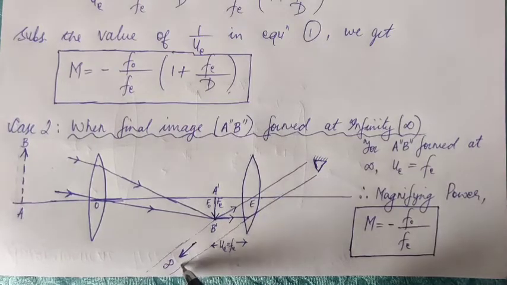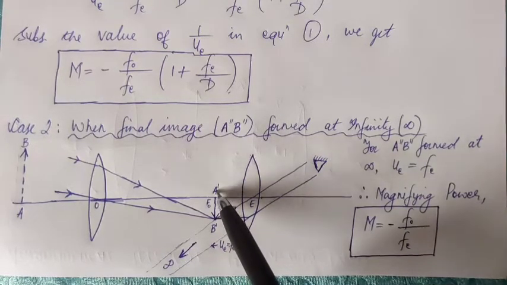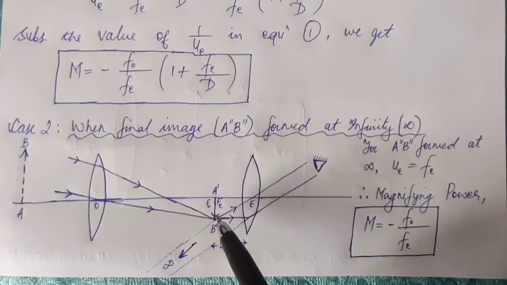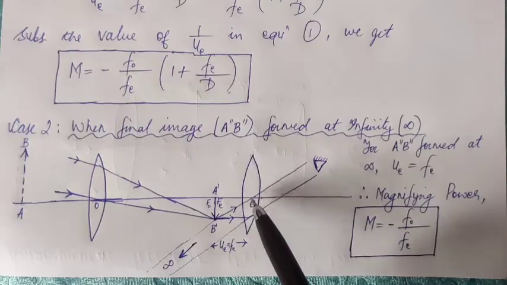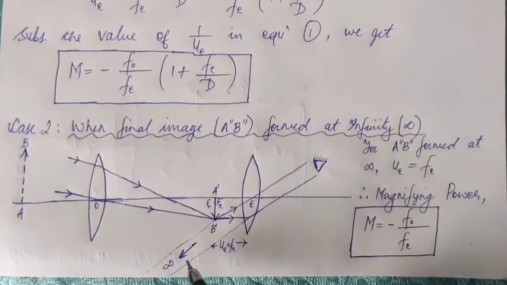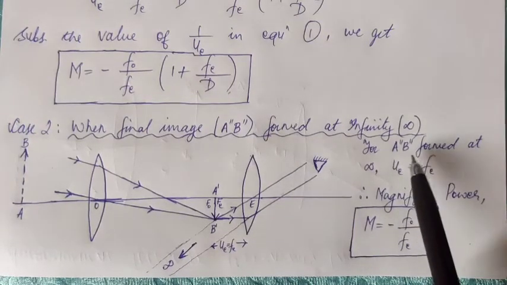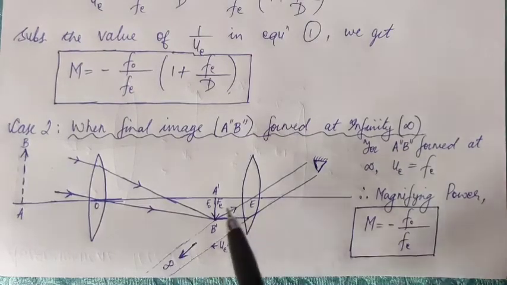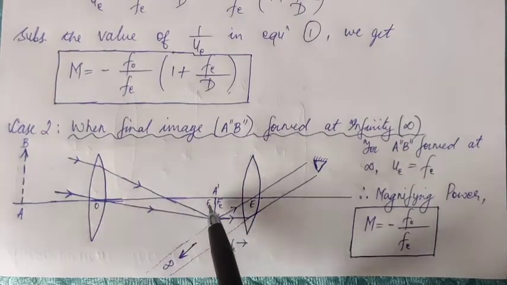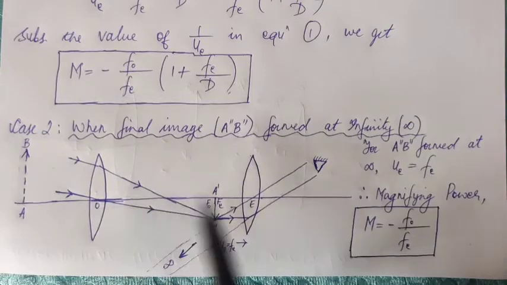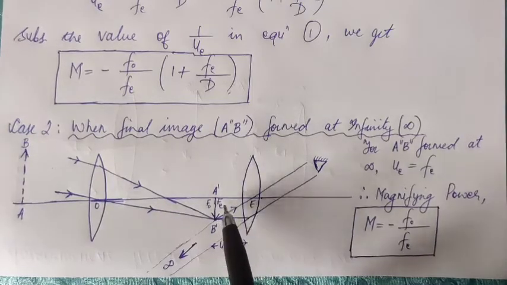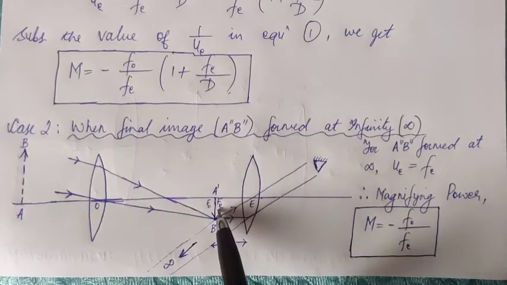Now for the final image A''B'' to be formed at infinity, this A'B' should lie or should form at the focal point of the eyepiece also. So to say, the focal point of the objective and the focal point of the eyepiece should coincide.